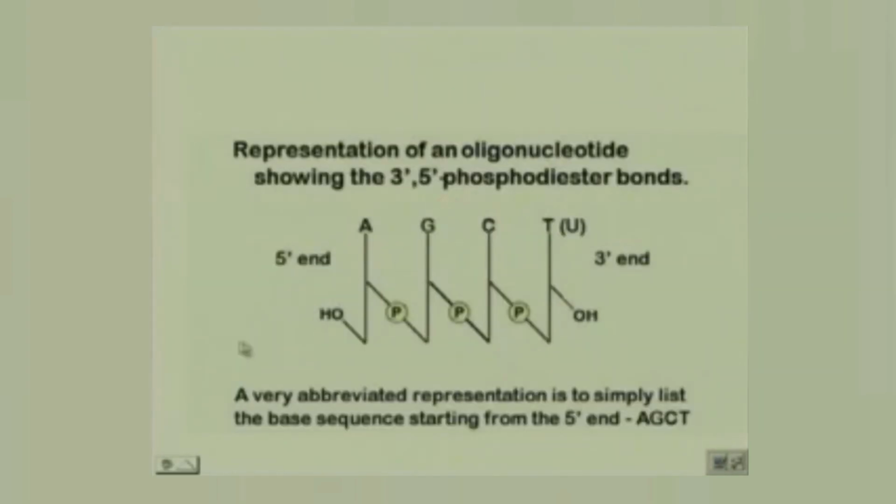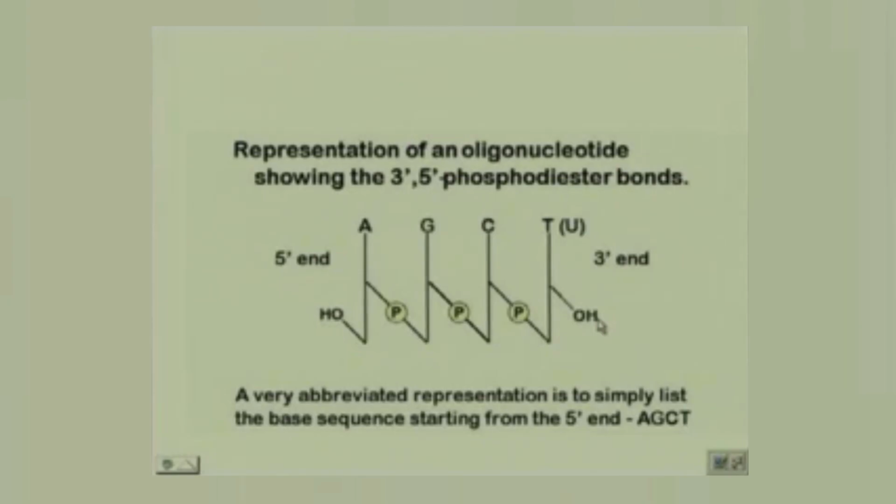Okay. So now when we have a representation, you know what the 3', 5' phosphodiester bond means. This is the phosphodiester bond, 3', 5'. If you have an addition, it is going to be added on this side, right? Just similar to how we had the polypeptide nomenclature.